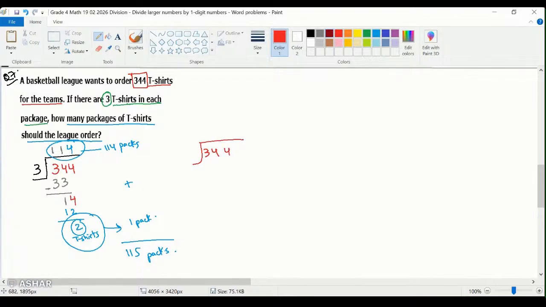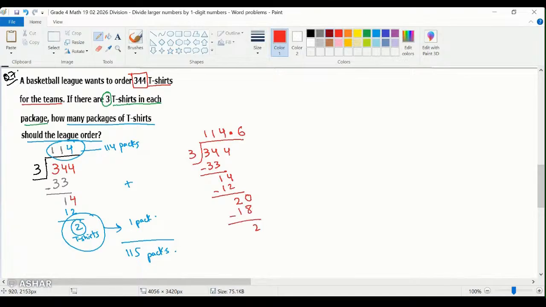344 was to be divided by 3. 3 times 11 is 33. We subtract, we get 1. We have a 4. 3 times 4 is 12. 2 is remainder. We put a decimal, we put a 0, right? 3 times 6 is 18.